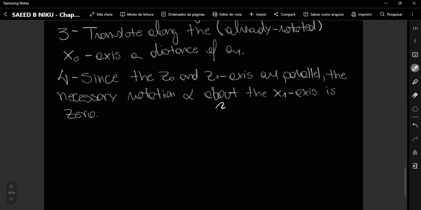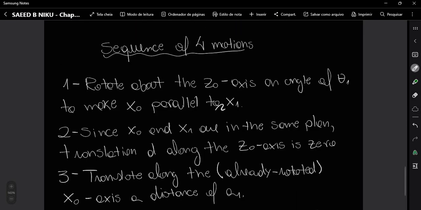So the first motion is a rotation about the z-axis, an angle of theta 1, to make x0 parallel with x1.